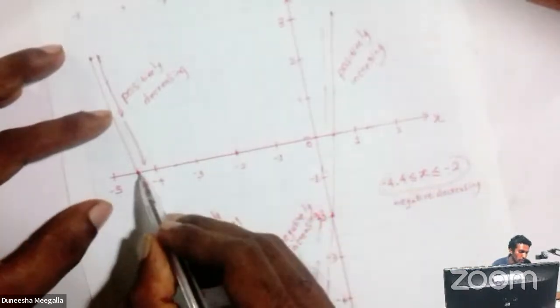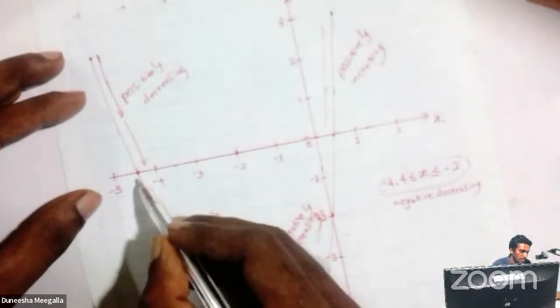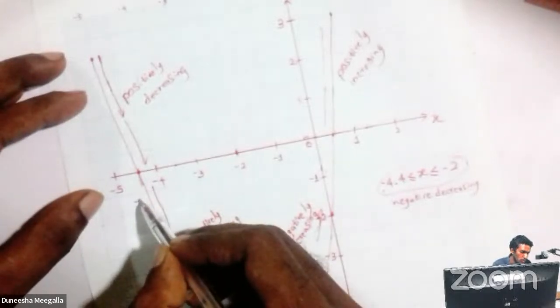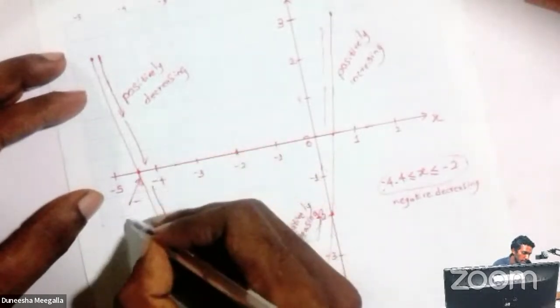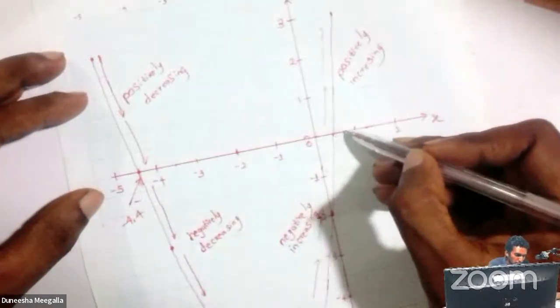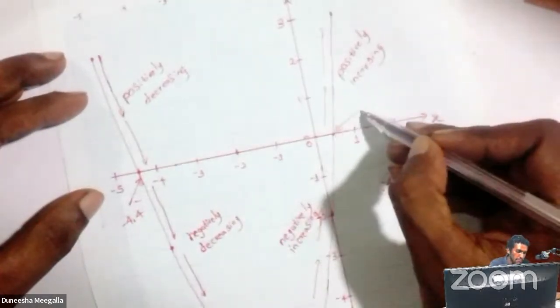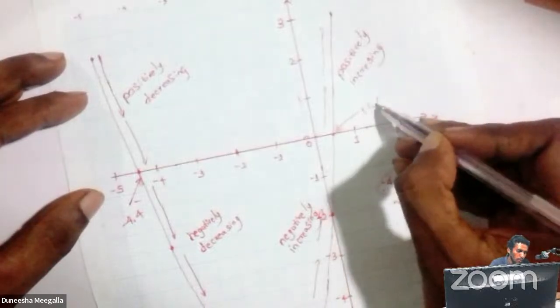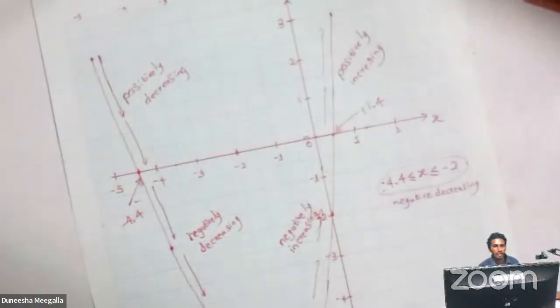What are the values of function? It's here minus 4.4. Then what is this? It's plus 1.4. Okay. What is the question asking? Find the positive root of the equation. What is the positive root? Okay.